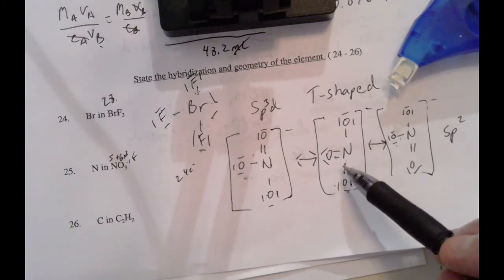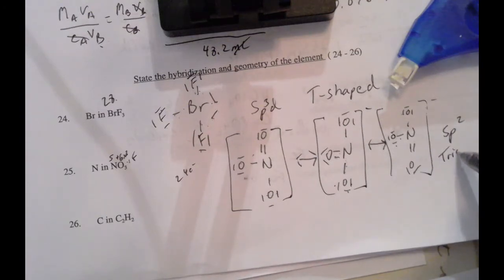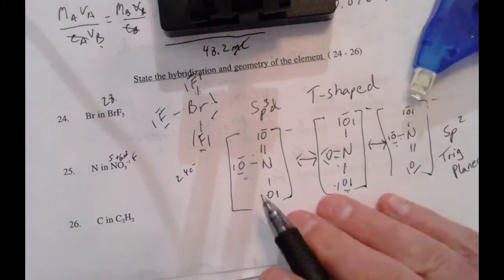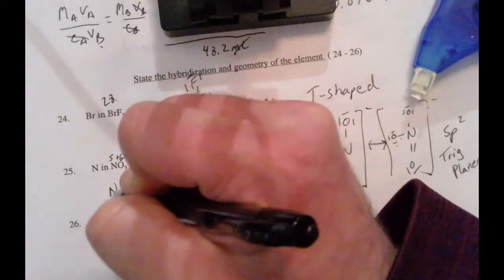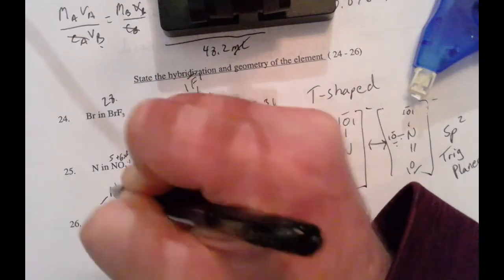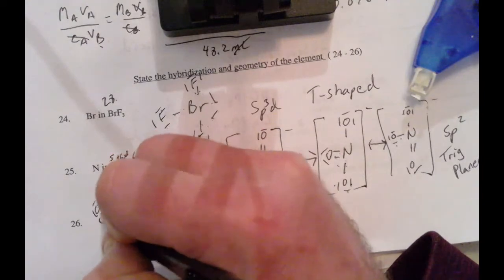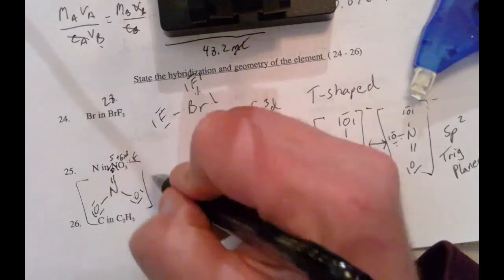So I could have drawn this a little bit better, but this is going to be trigonal planar. Because each of these are going to force them around. So if you were to do this perfectly, you would draw all 3 of these just like I have, but you would want those angles to look more like they were 120. Don't forget my brackets.